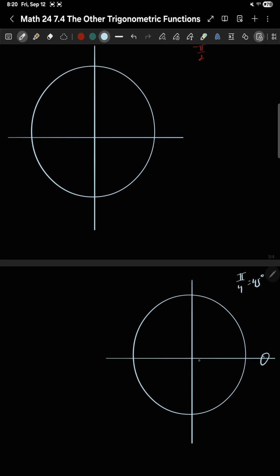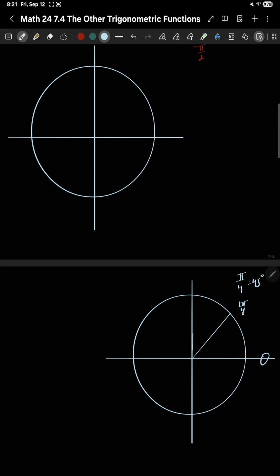The way you can think of it is, this first angle is 0 pi over 4. And then since the 45s cut the quadrants in half, this is 1 pi over 4, or simply pi over 4.